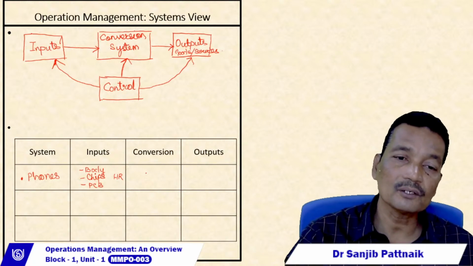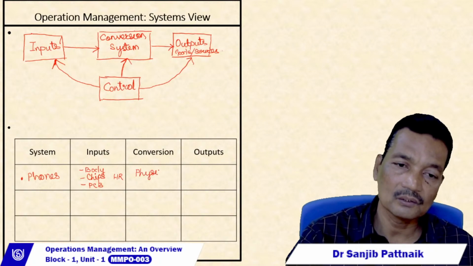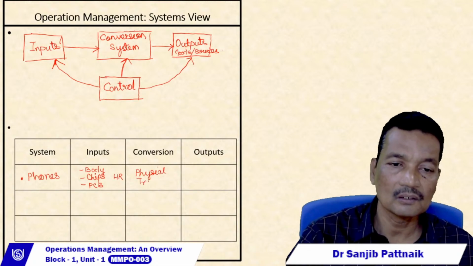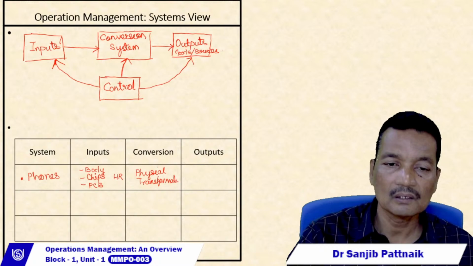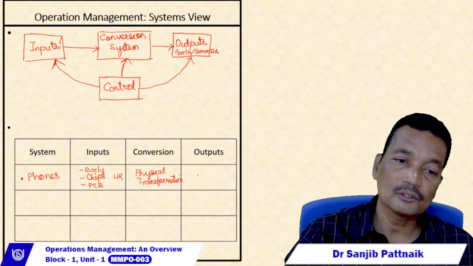Now here we go for conversion. What happens? Physical transformation. So what is the output?